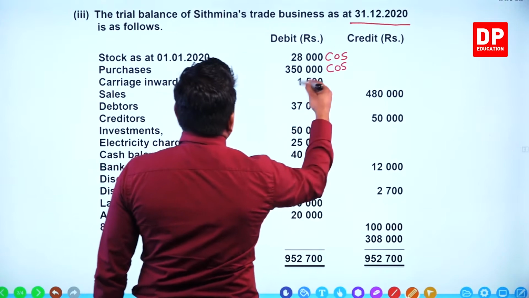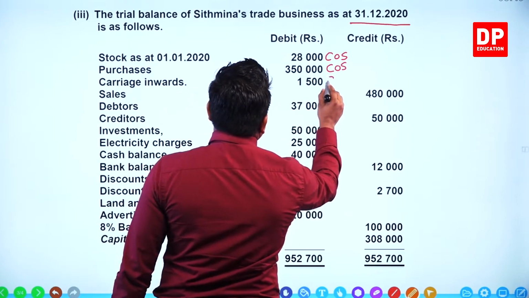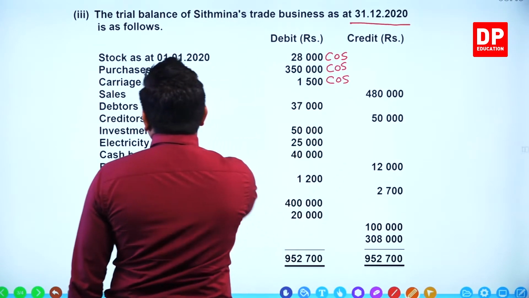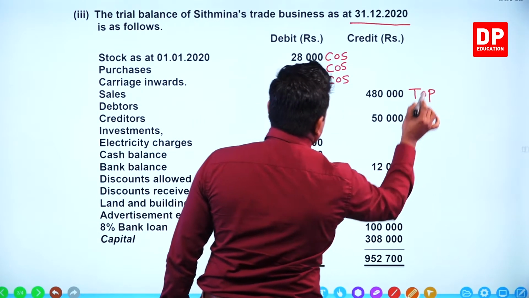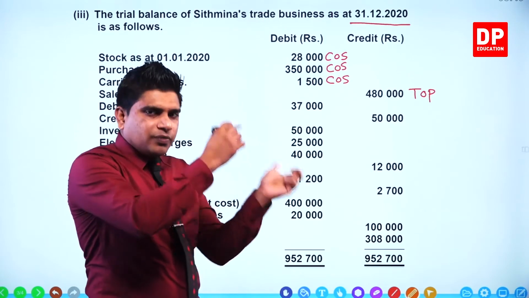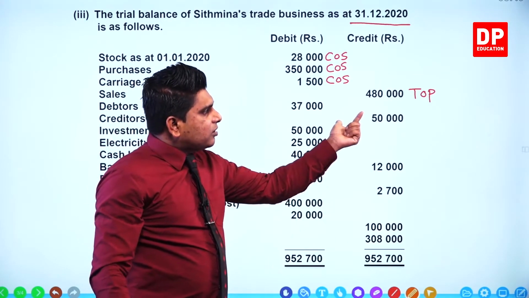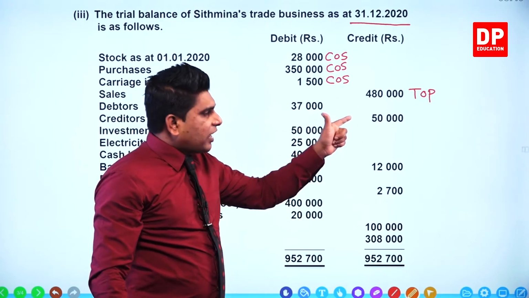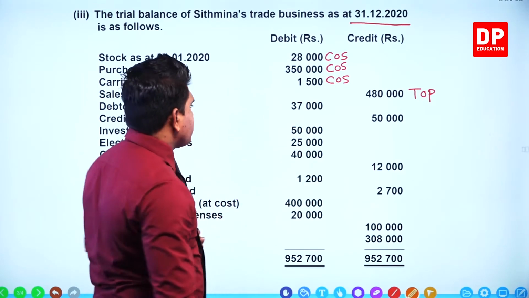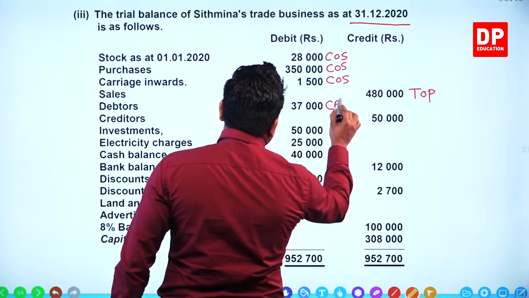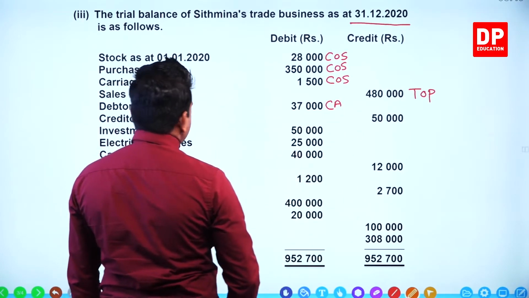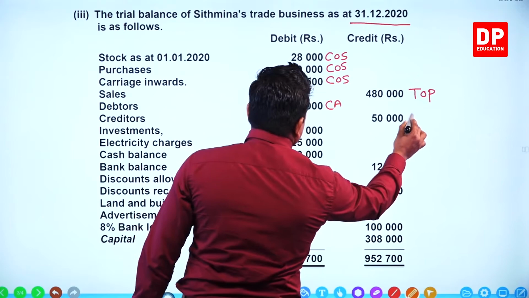Then carriage inwards we have to add to the purchase, so that one also we take to calculate cost of sales. Sales, where do you write it? On the top of the profit and loss statement. Before we write anything, first we write sales, right? Then debtors, under the current assets. Creditors, current liabilities.